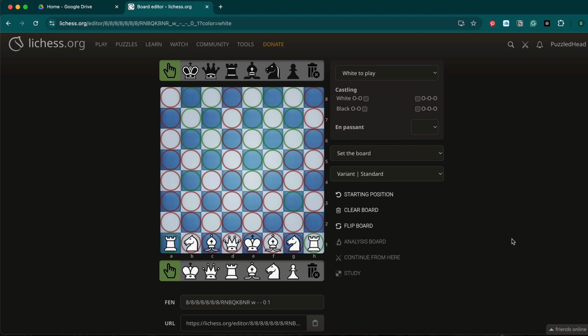So 23 squares are not controlled, which means 64 minus 23, 41 squares are covered here. So this is the coverage of this arrangement.